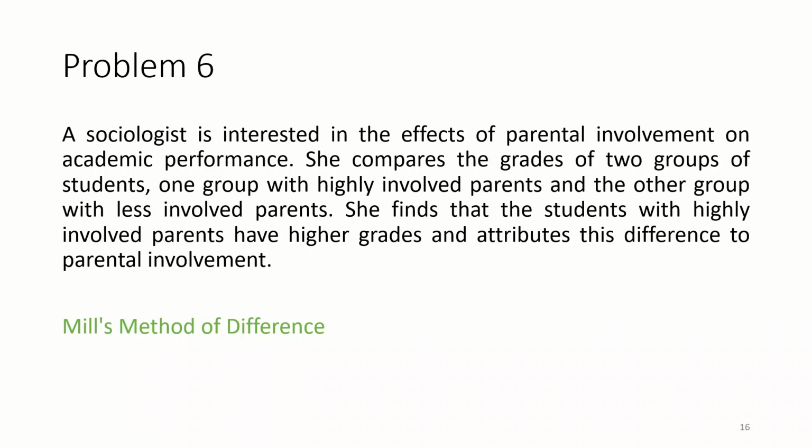So here, the group that had more involved parents was scoring well, while the ones whose parents were less involved maybe had lower grades. Excuse me, but there is a gradient, because the question says highly involved parents and then less involved parents, and there could be not involved parents, so I can consider that it's a gradient.